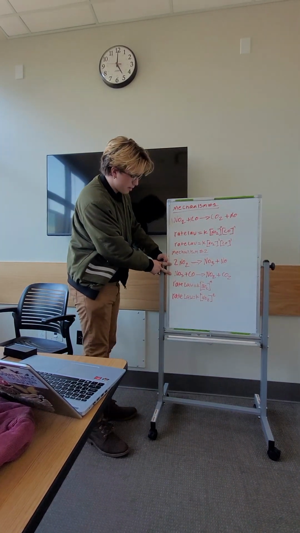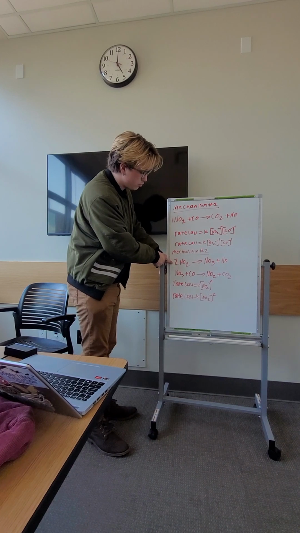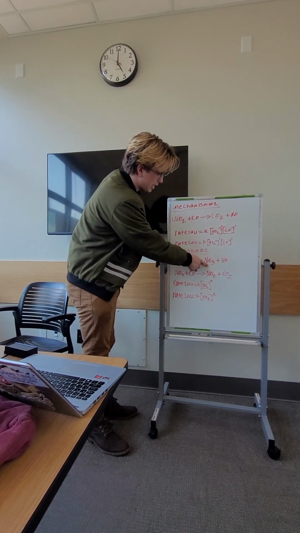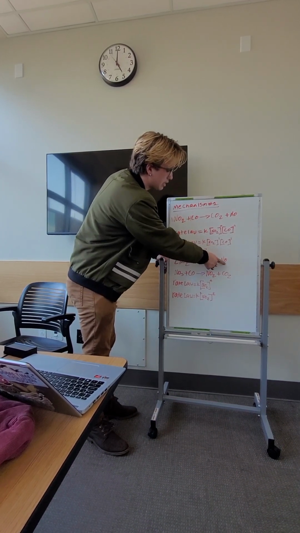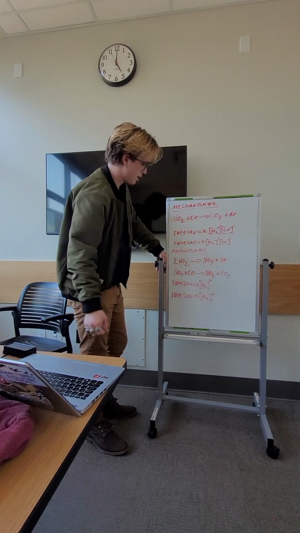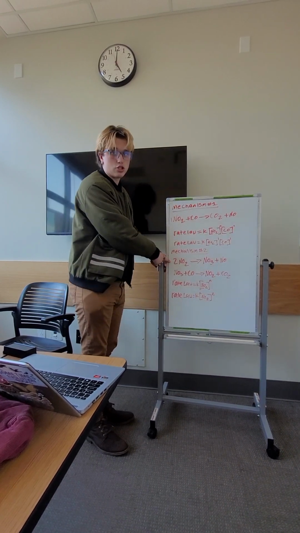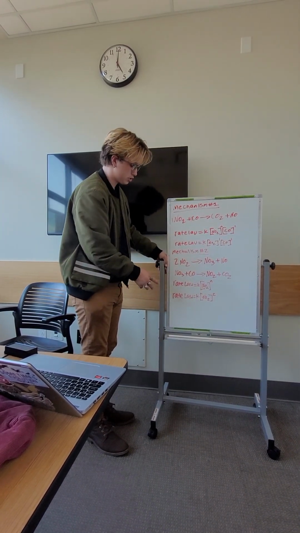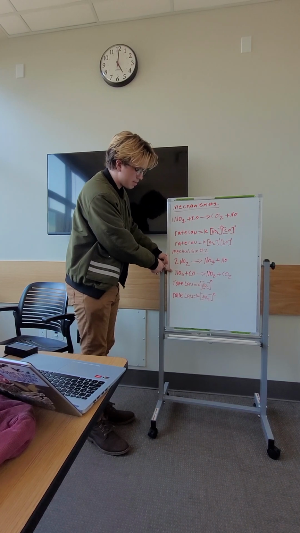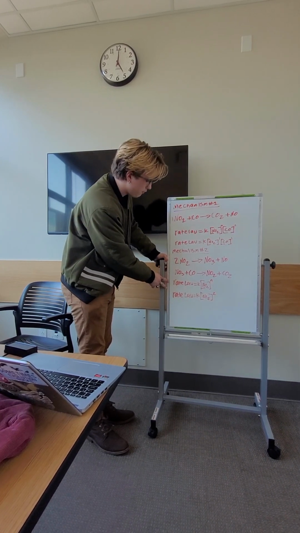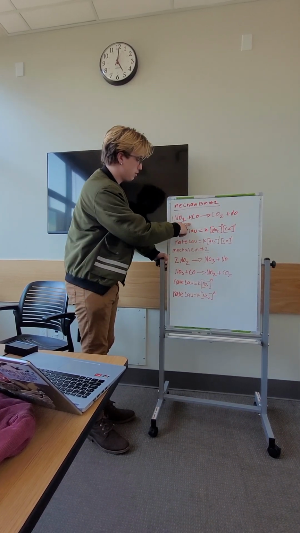Now that is what's written out here. We have our two NO2 reacting to form a nitrogen trioxide and a nitrogen oxide. This is the rate determining step because it says that it's the slow step, and then we have the second step here.